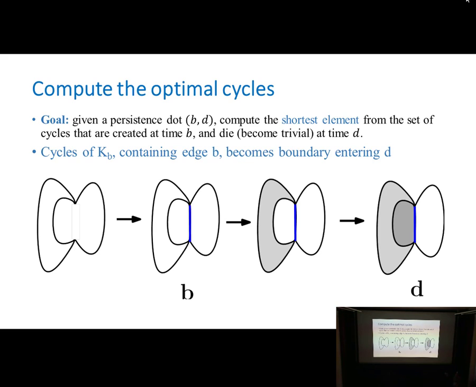Which of those cycles that are created at the birth time and become trivial are the smallest one? In this case, this is a cycle that is eligible, and this is a cycle that is a good candidate. But this cycle, which was created, is not part of it, right? So we only care about these two, and maybe I need something between them. And then we will definitely select this one as the shortest one. So that's the goal of it.